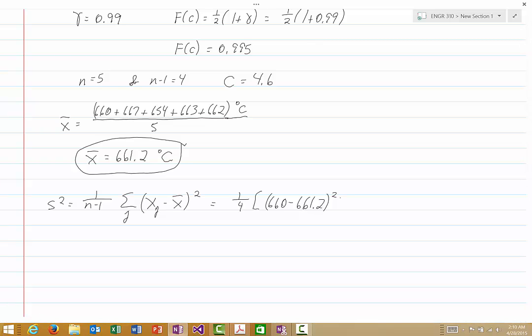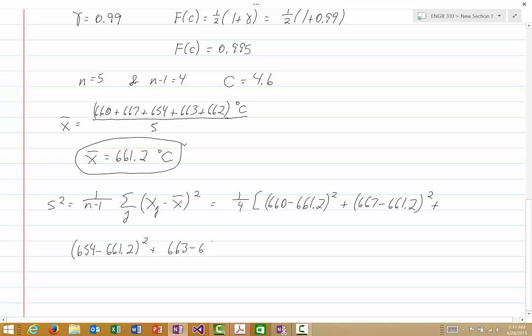So we have that plus 667 minus 661.2 squared plus 654 minus 661.2 squared plus 663 minus 661.2 squared plus 662 minus 661.2 squared.